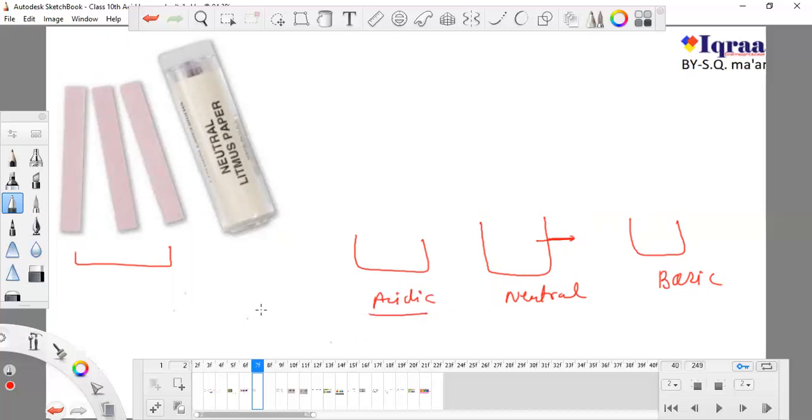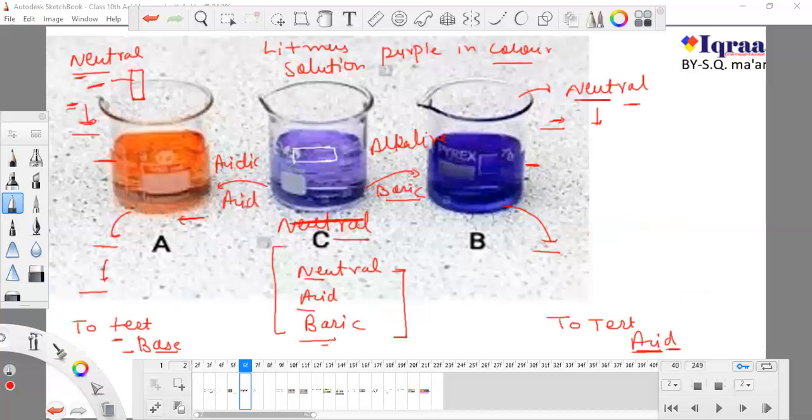Just add filter paper and allow it to soak the solution, and it will turn to acidic filter paper, neutral filter paper, and basic filter paper. If you want neutral filter paper, just soak it in neutral. If you want acidic filter paper, just soak it in acid. And if you want to make basic filter paper, just soak it in this.